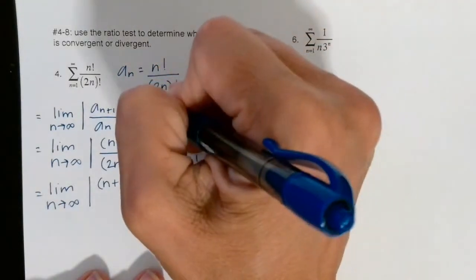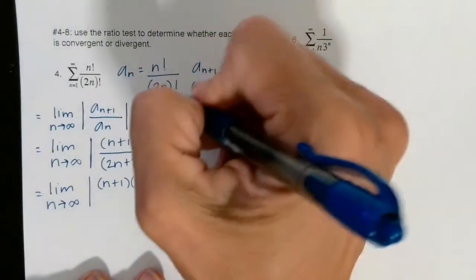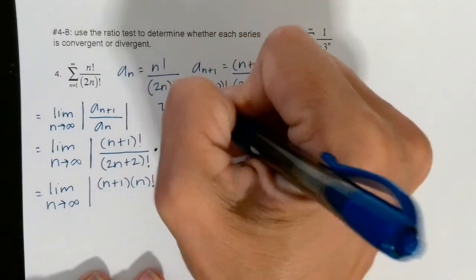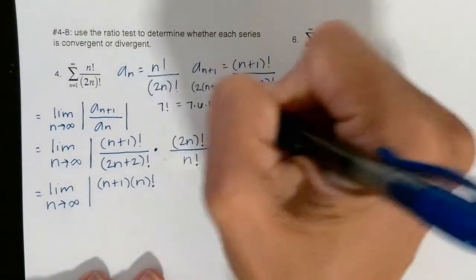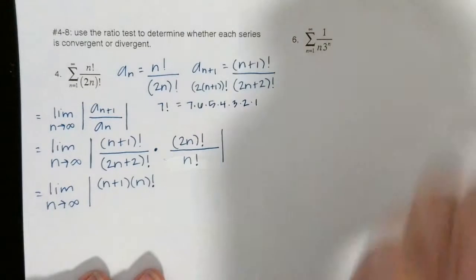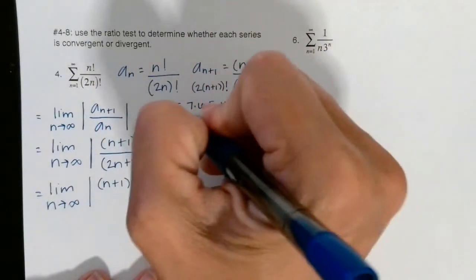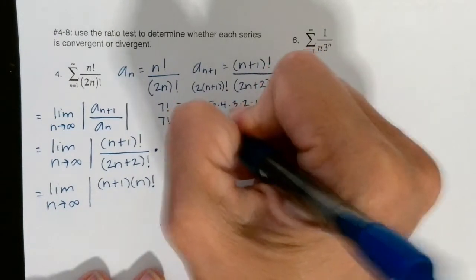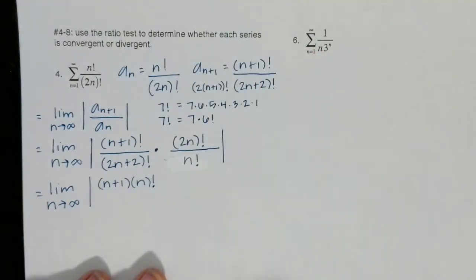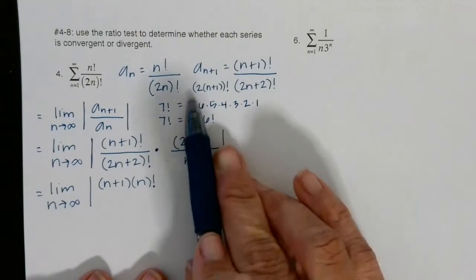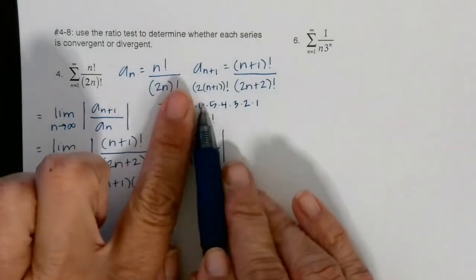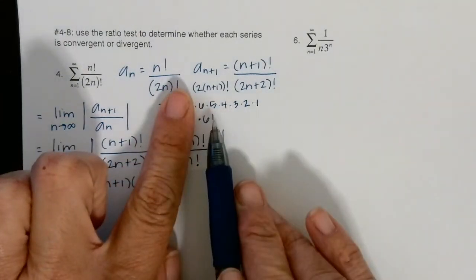If I have 7 factorial, you guys are pretty good at knowing that's 7 times 6 times 5 times 4 times 3 times 2 times 1, right? Well, what if I wrote 7 factorial as 7 times 6 factorial? Aren't those the same thing? So I can take 7, which is from here, and then that 6 factorial, I can write it like that.